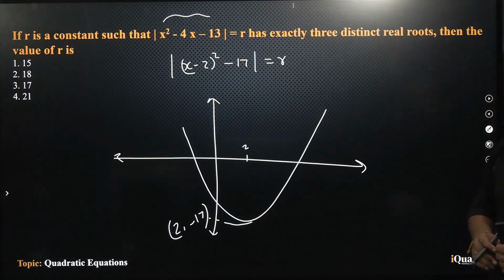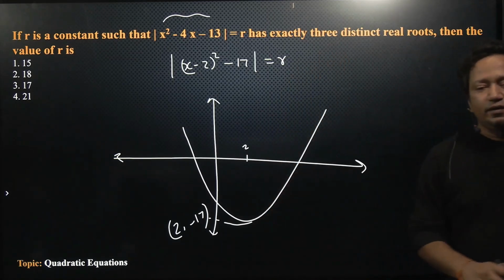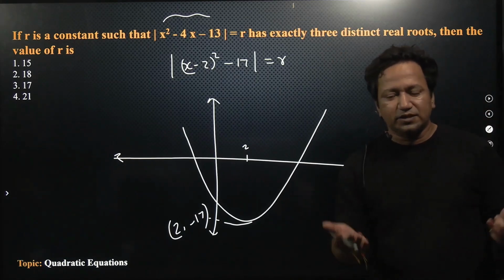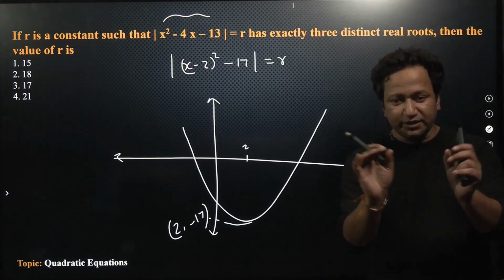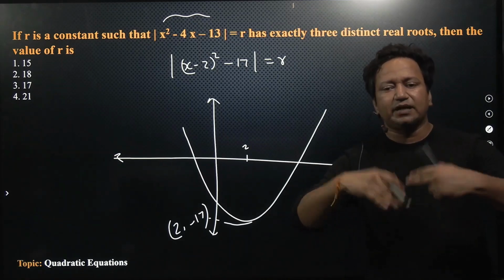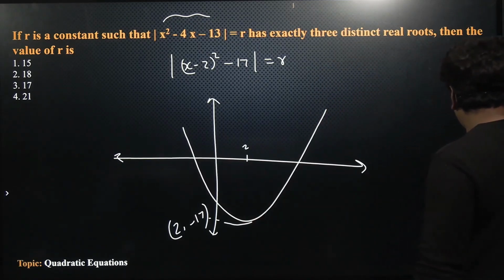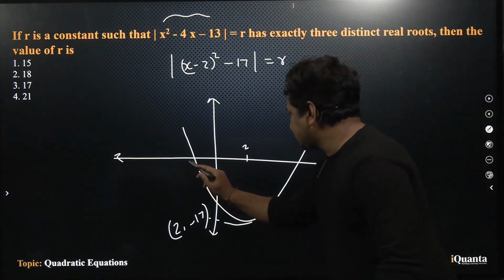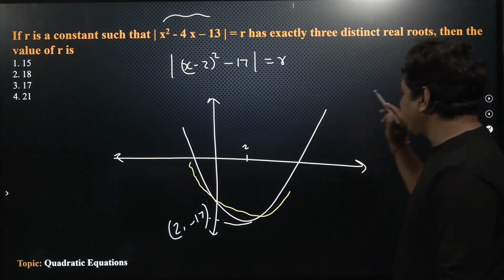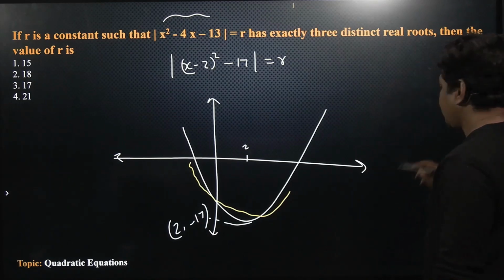Now, if I put a mod, what does mod do? Mod calculates the distance from the origin. So whatever is negative in the graph becomes positive. This negative part will become positive. How?